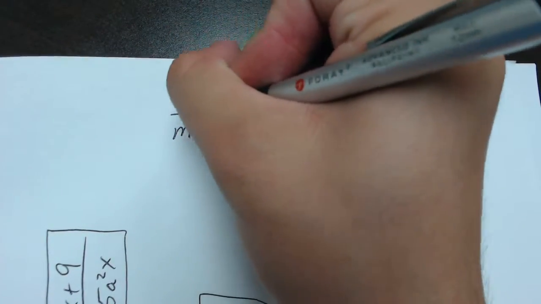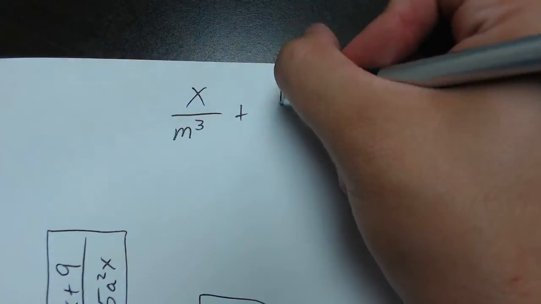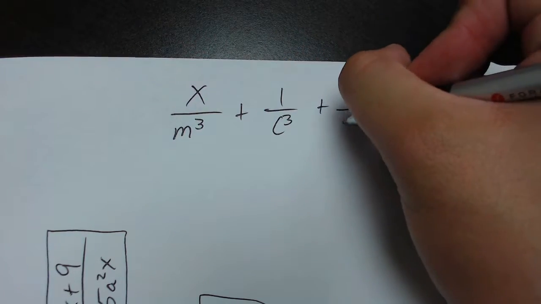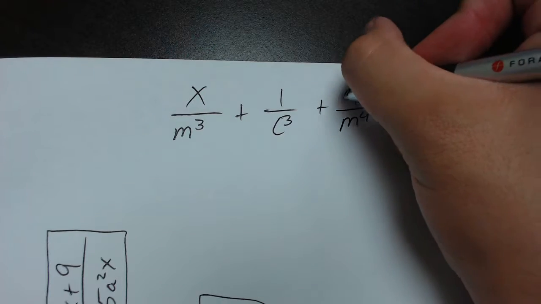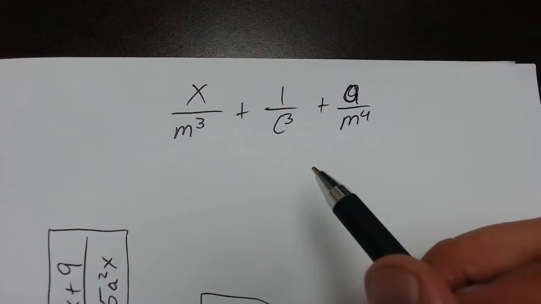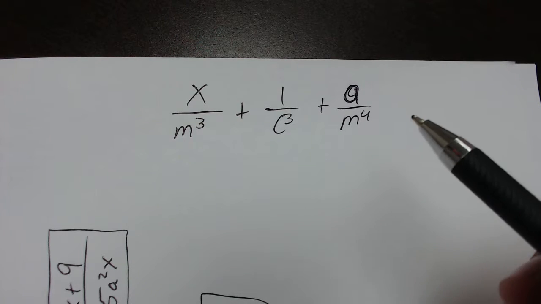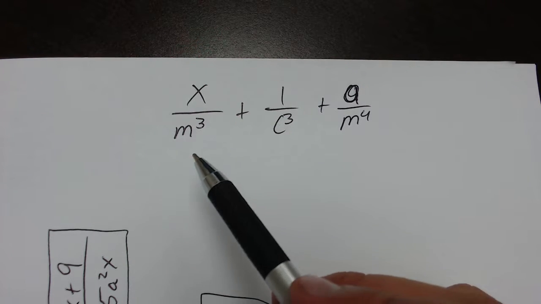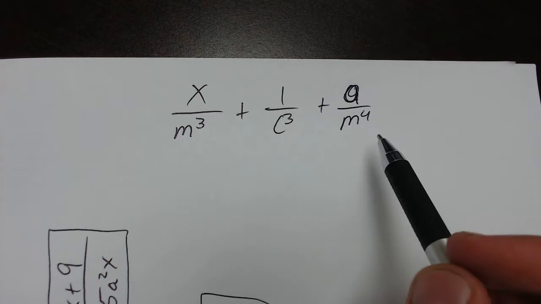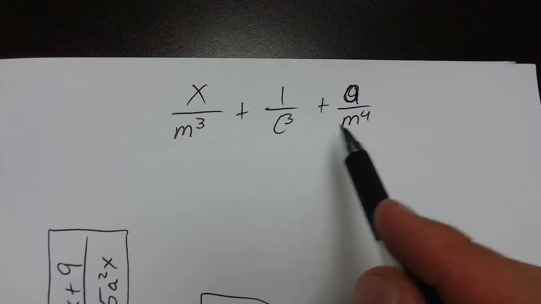x over m cubed plus 1 over c cubed plus a over m to the 4th. That's an a. All right, so here the common denominator is going to be the least common multiple, actually. So it's a good thing we learned that a couple lessons ago. The least common multiple of m cubed, c cubed, m to the 4th is going to be the highest exponent of each, right?